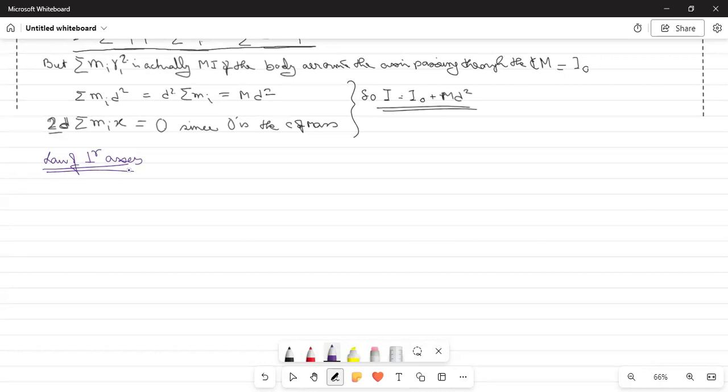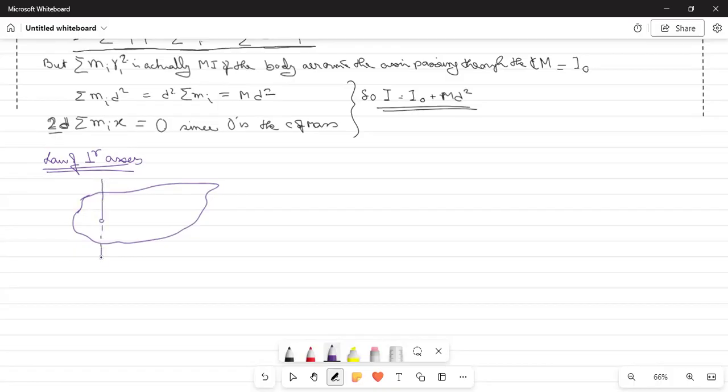Suppose you have a body, and this is the axis of rotation, say.